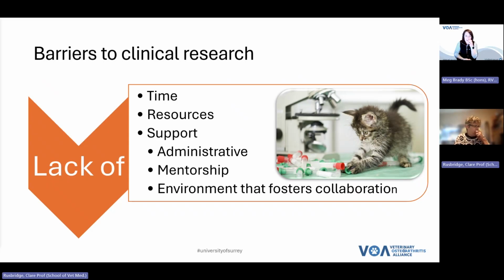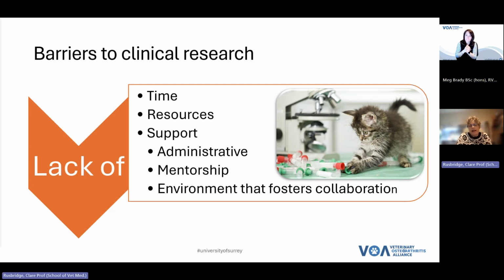So have we got any ideas, maybe little bits of inspiration that we could give to our vets, nurses, physios that maybe haven't done this kind of research before? Are there topics that they could see in their everyday work that we might be able to spark a bit of interest with?